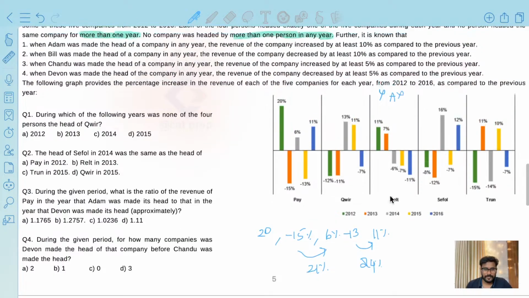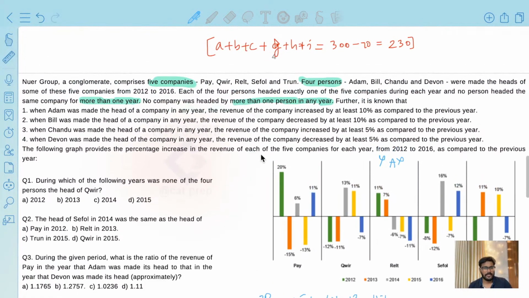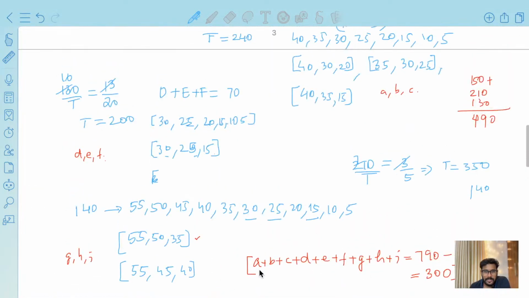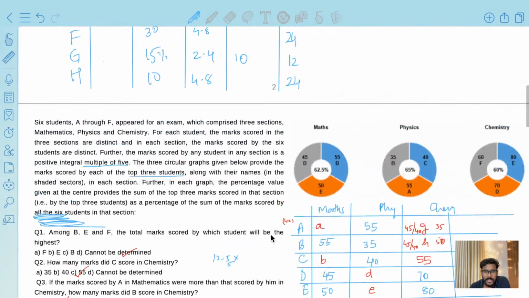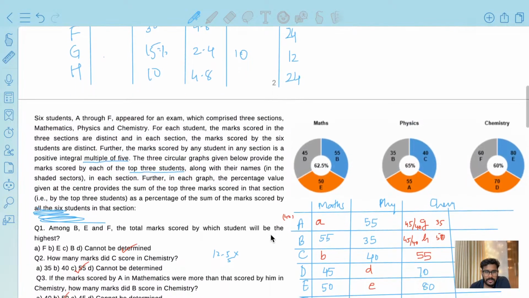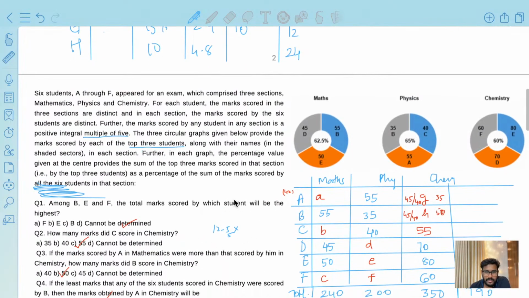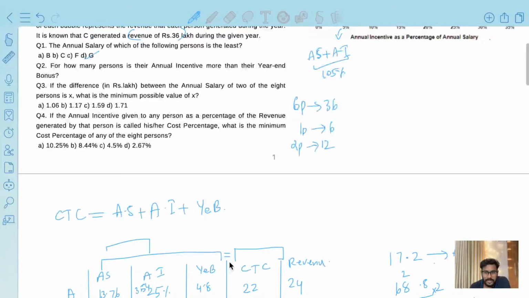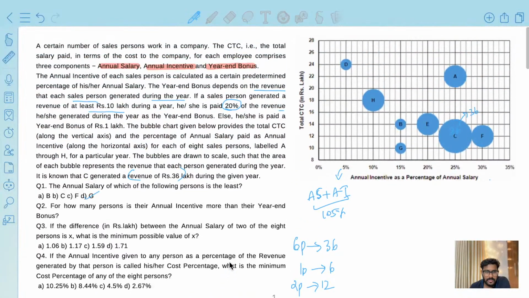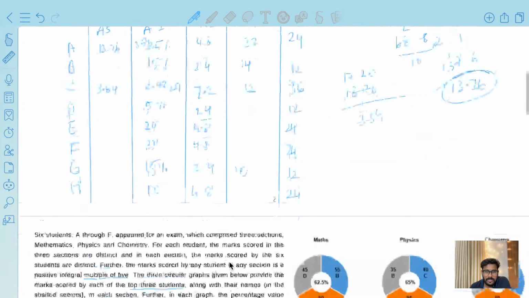I don't know how to solve this also. This was the last two sets. This I solved. These two, I couldn't solve this also.